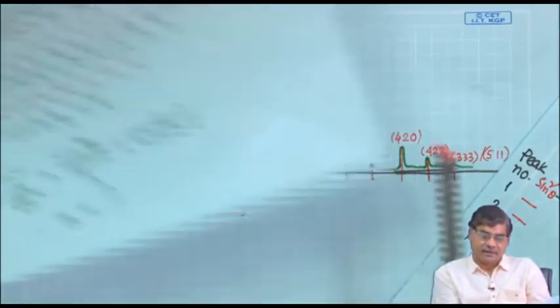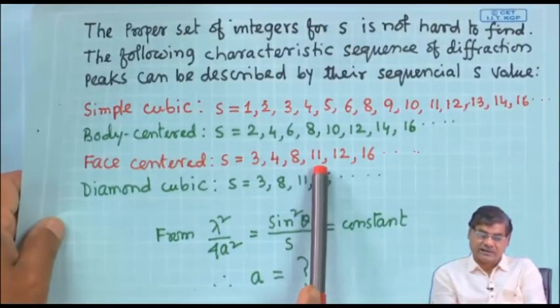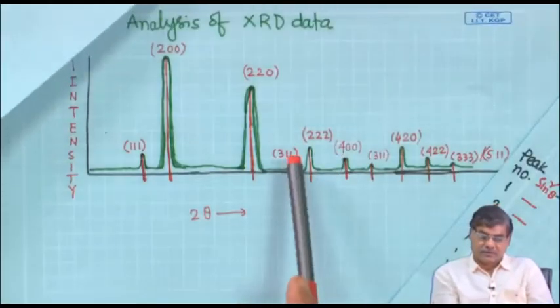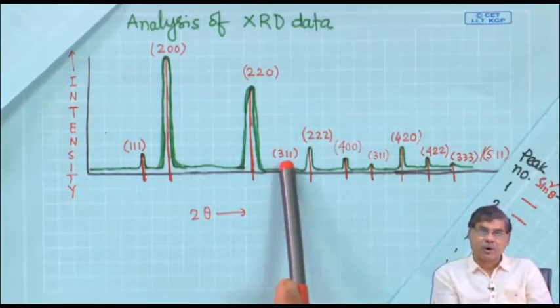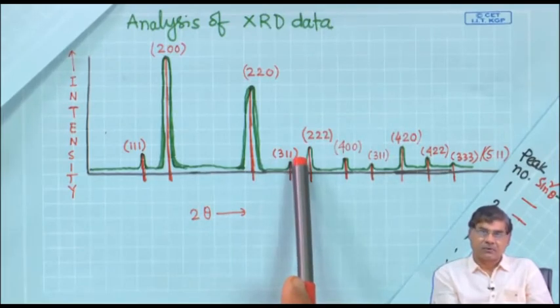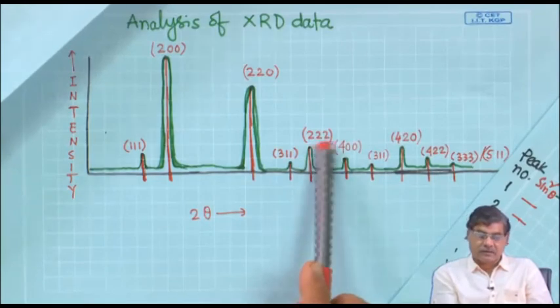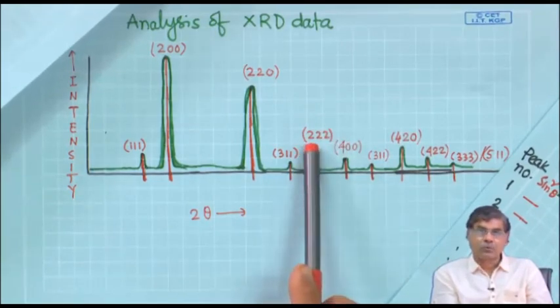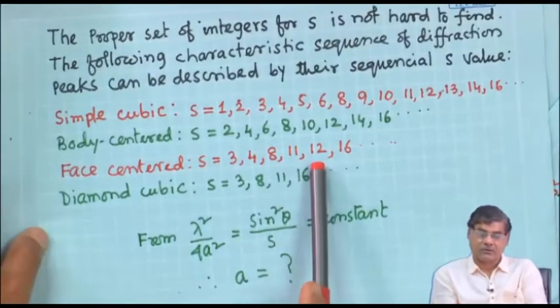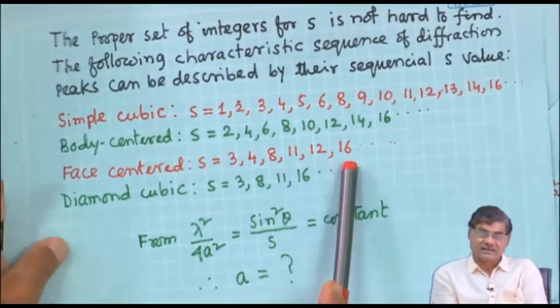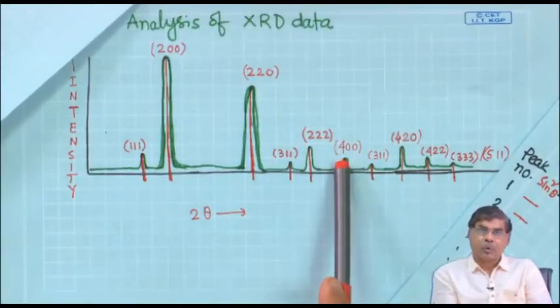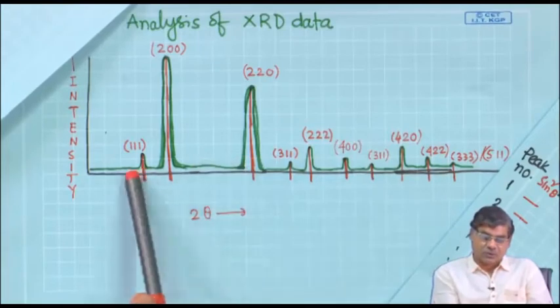Then the next value is 11. The fourth peak is 3 1 1: 9 plus 1 plus 1 is 11. Then this one is 12, 2 2 2. The next peak is 16, that is 4 0 0.